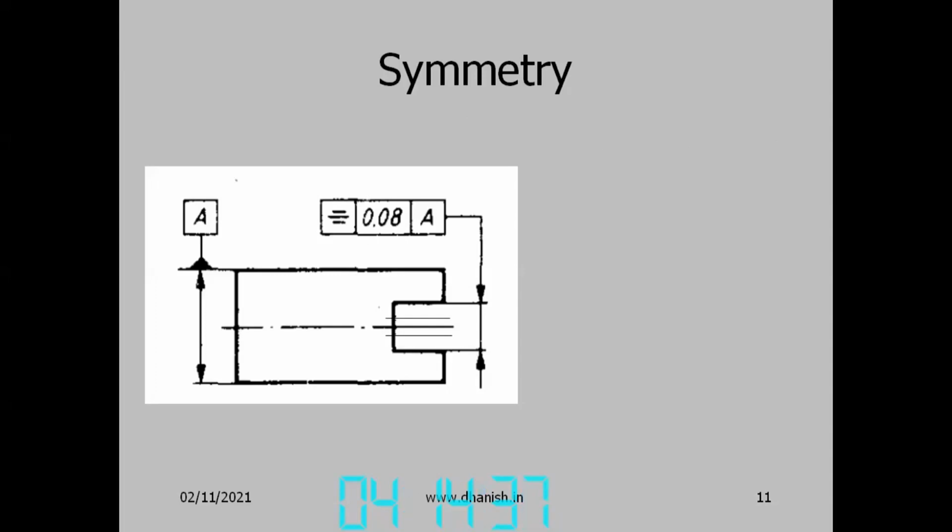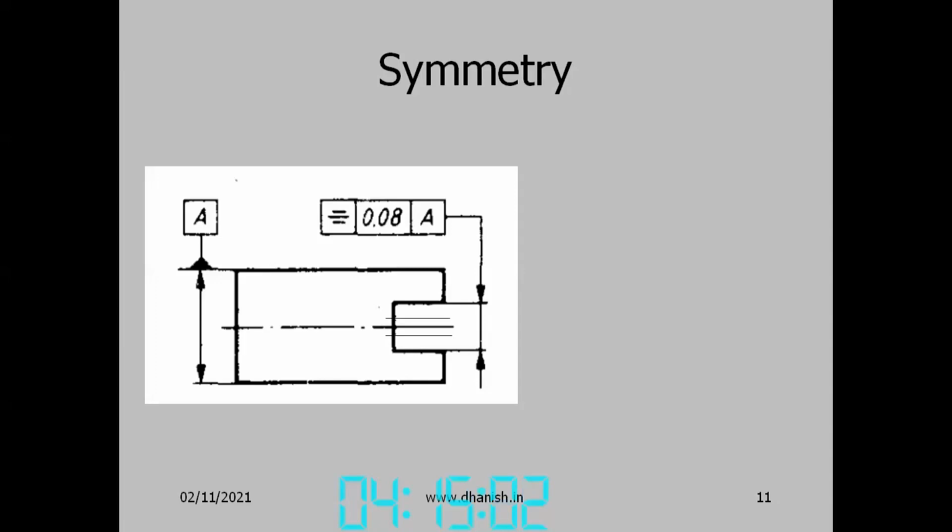So how do you check this? The value is specified again by a size 0.08 with respect to datum. So this is for the slot. So that means how do you check this? The axis of the slot. So we have to find out the real axis. And what is the axis of the datum? So we have to find out the axis of the datum.